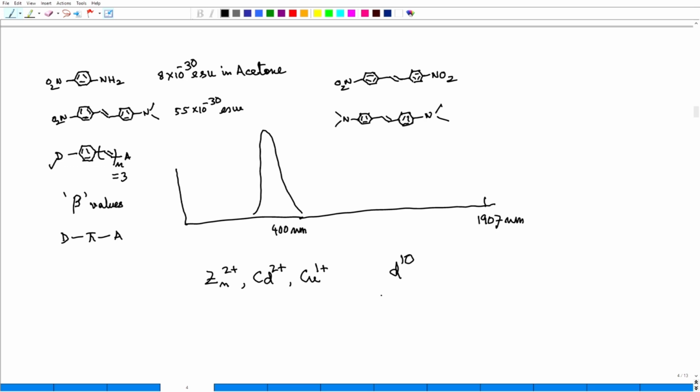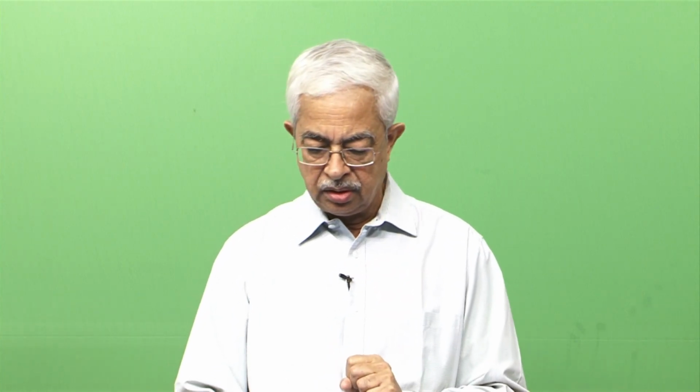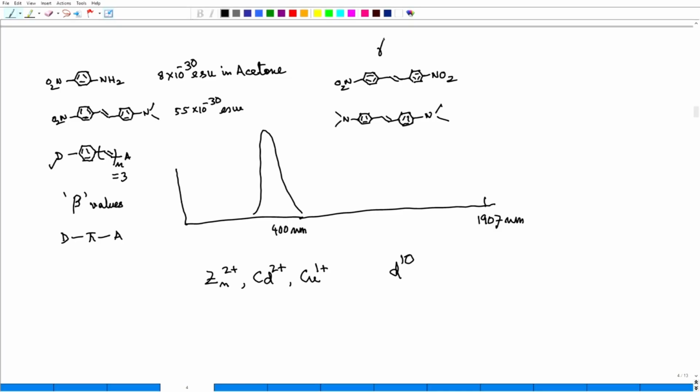So these are some of the salient features we have to remember. This is for beta and this is for gamma, because of symmetry. See, both sides are electron accepting with pi, so A pi A, and this is D pi D. These are all symmetric.